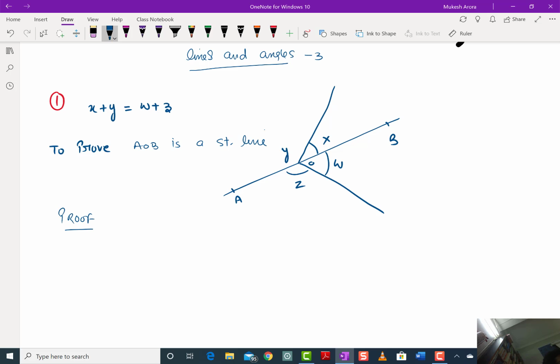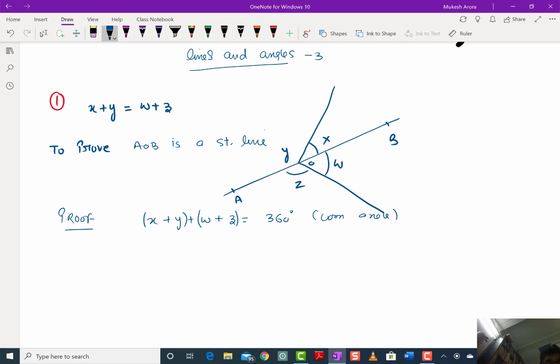In proof we will write that x plus y plus w plus z is equal to 360. That is a complete angle. Now we know that x plus y is equal to y plus z.